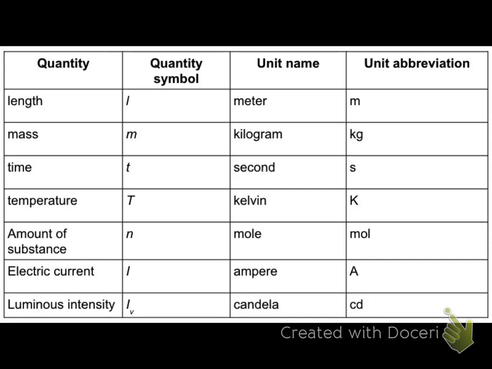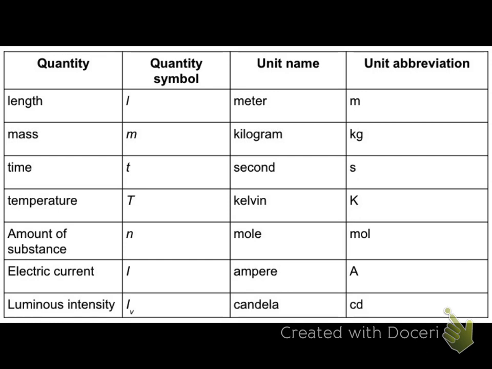For mass, we use the base unit of the kilogram, and we abbreviate that kg. Okay. You can also see that each quantity has a symbol that goes with it. Those symbols are going to be things you're going to see in equations. So you have probably seen this if you were ever doing, like, area is length times width.